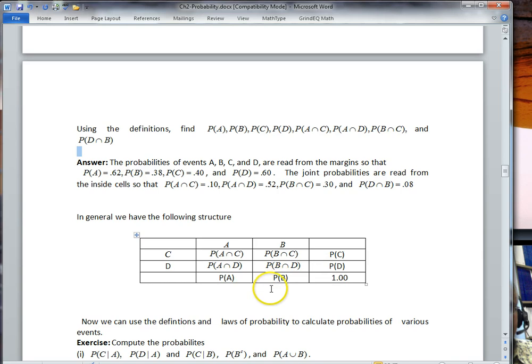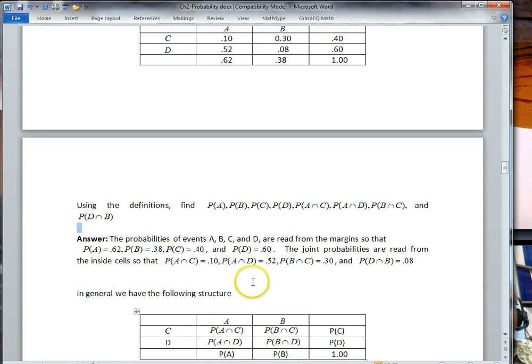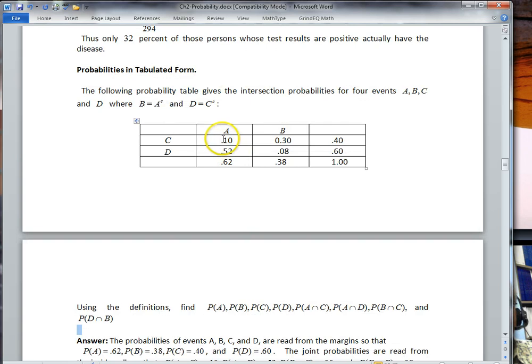So if I gave you a problem where not all the probabilities are given, I gave you this and this and this, you should be able to get all of that, because they add up to 1, and then you should be able to tell this one here and fill out the rest of the table.